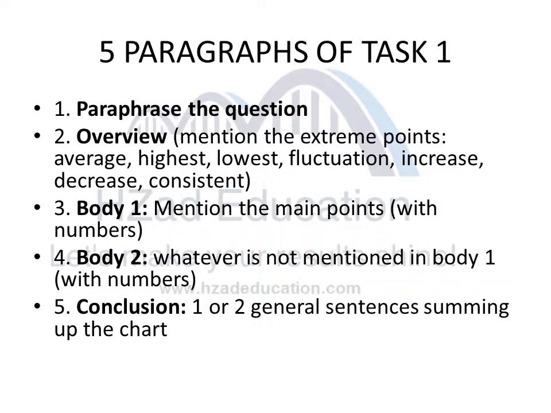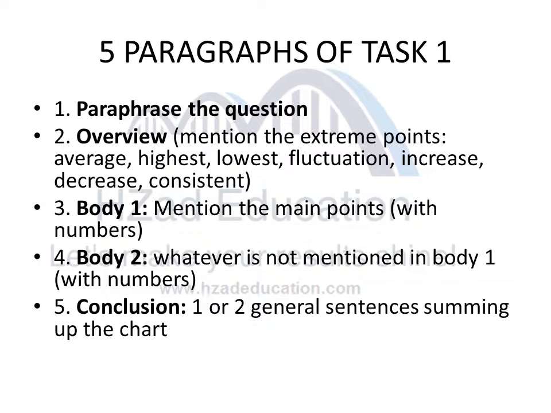You're not going to say the chart increases throughout the years or decreases throughout the years or remains consistent throughout the years. This is a very common mistake. You will see it in other model answers, but it's not something that the examiner likes. Why? Because it's a very general idea. You want to give a more specific idea.